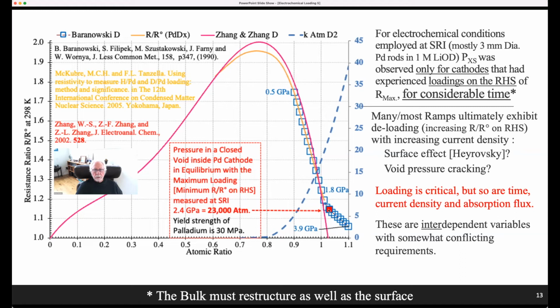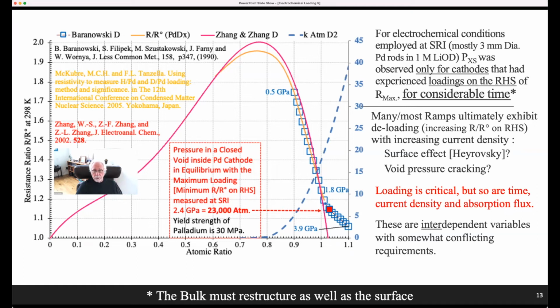The red filled point is the maximum loading that we obtained at SRI, and the pressure that it corresponded to, according to Baranowski's data, was 23,000 atmospheres.